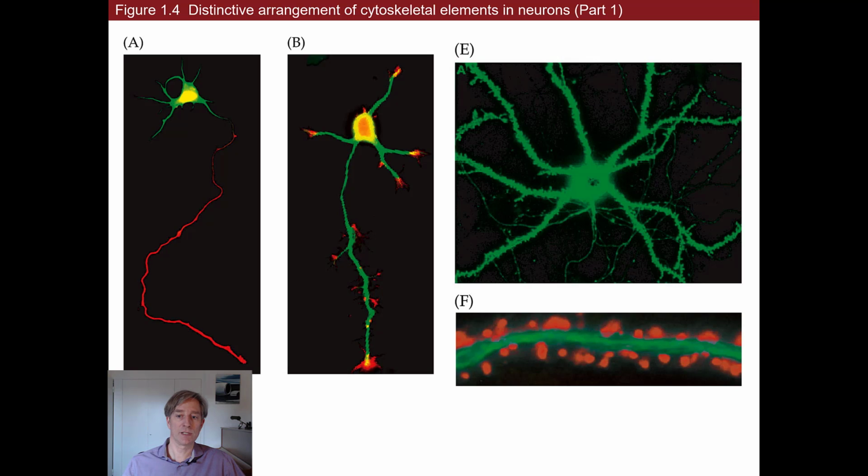In B we also see the tips of a neuron in red. This is actin. Actin is a protein important for mobility and contraction. In E is another visualization of a neuron cell body, and in F again the dendrite in green with actin in red.